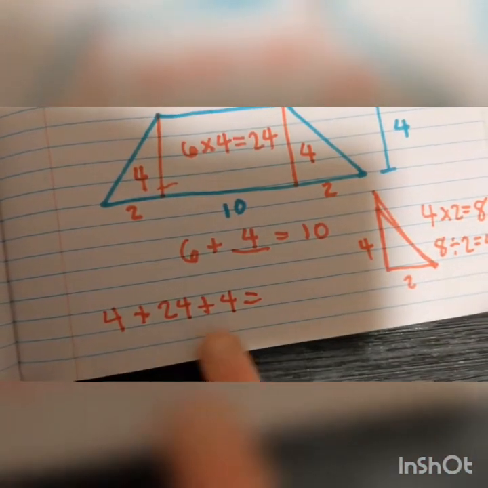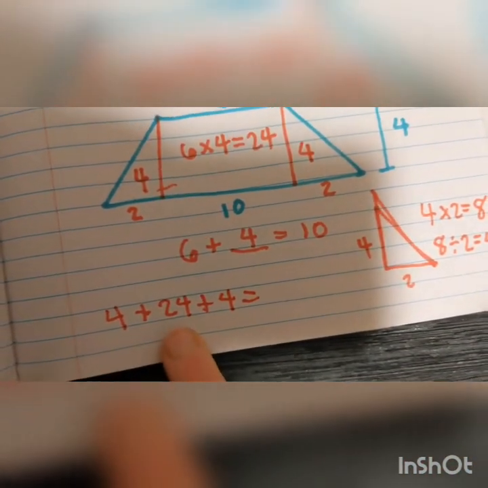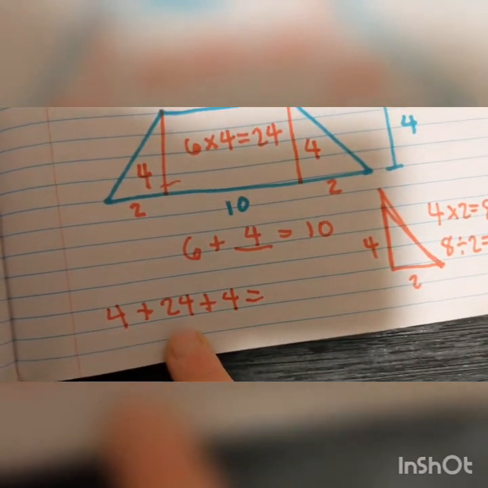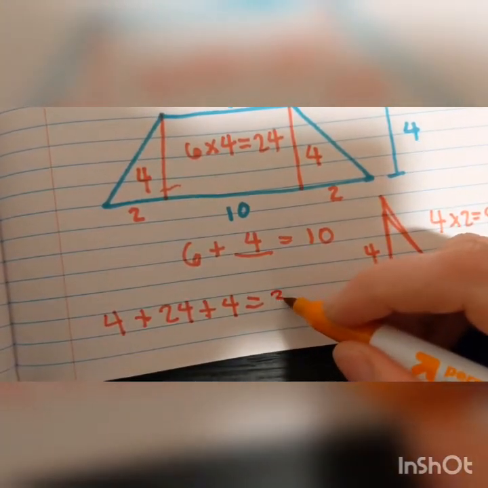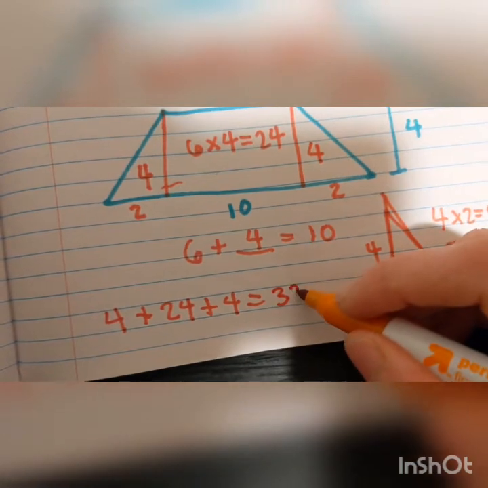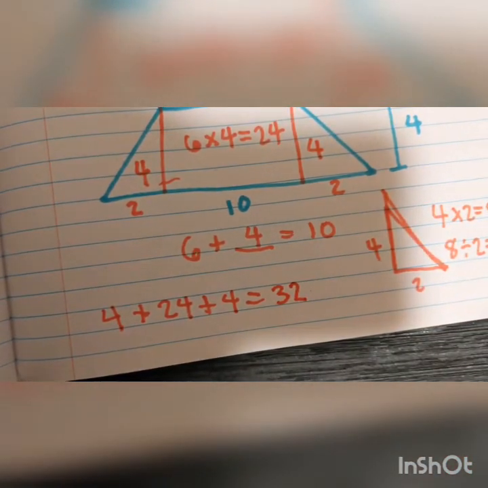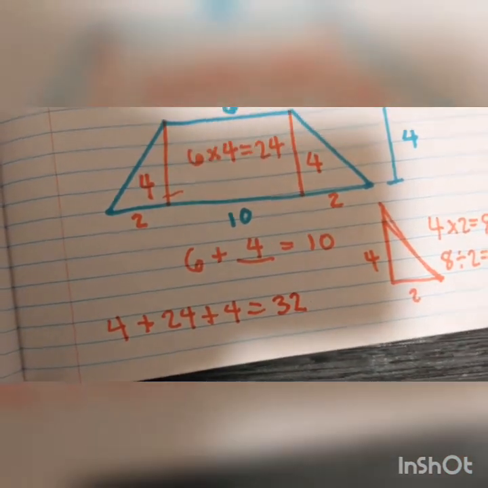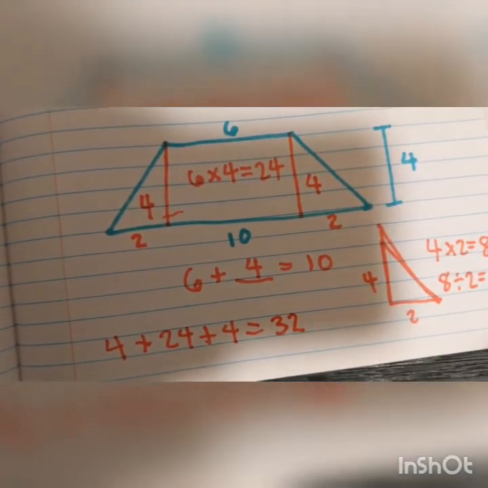So I know I have 4 plus 4 is 8. So 24 plus 8. All right, so our total area is 32.